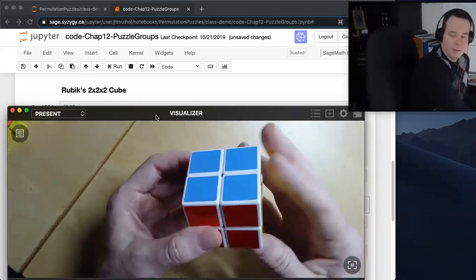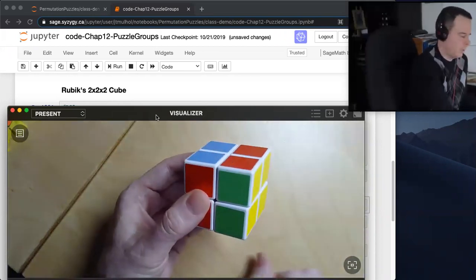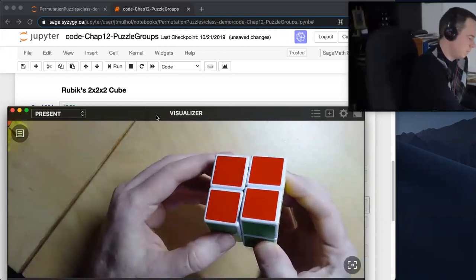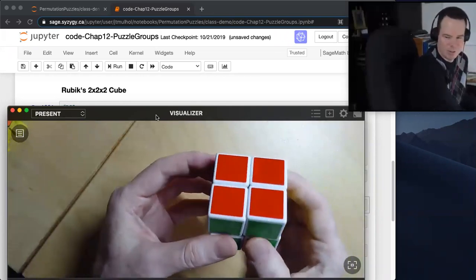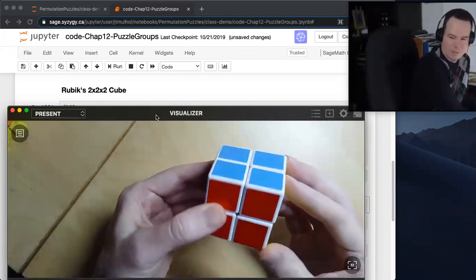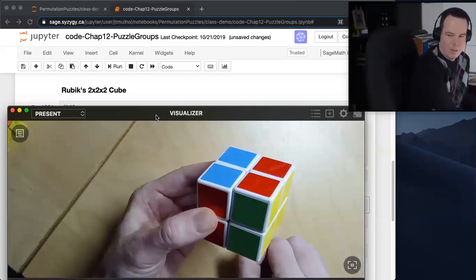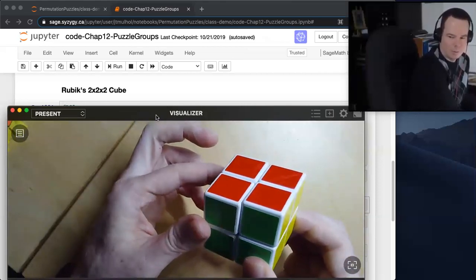Or another way to say this is if I do a right move, I could solve the puzzle by doing a left inverse move. Sorry, I'm trying to stare at too many things at once. But that's probably a better way to say it: if I do a right move, then I can solve the puzzle by doing a left inverse move.